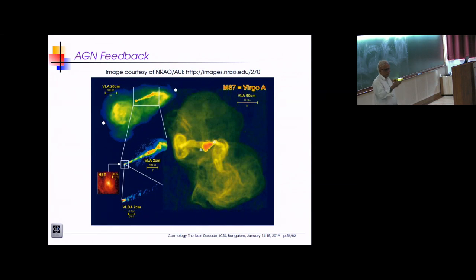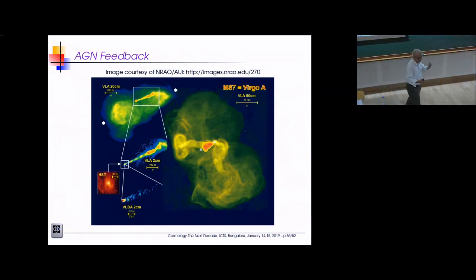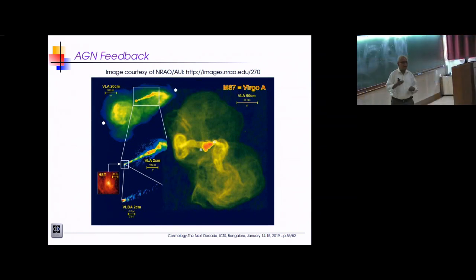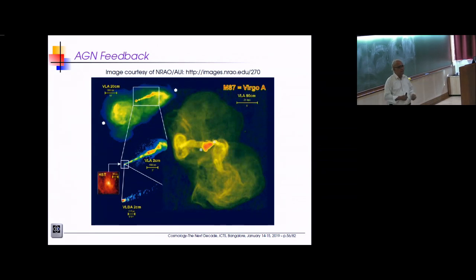Now, it's 1,000th of the mass of the bulge or something. You can either make a mass correlation, or a better correlation is the mass of the black hole versus the velocity dispersion in the central regions of the bulge. Then what happens is, for many massive ellipticals, the black hole would be about 1 billion solar masses, not like the one which we see.